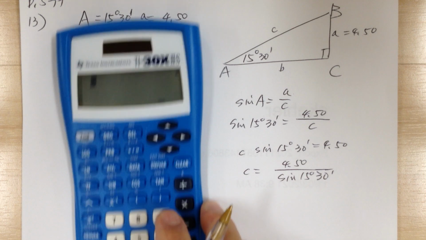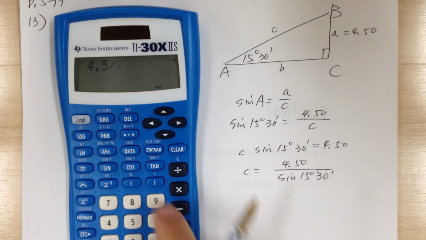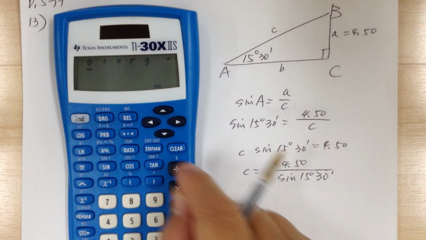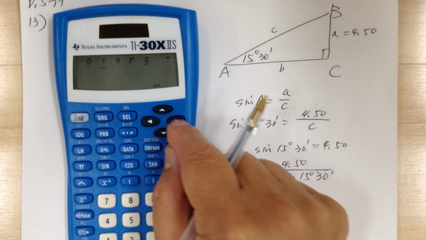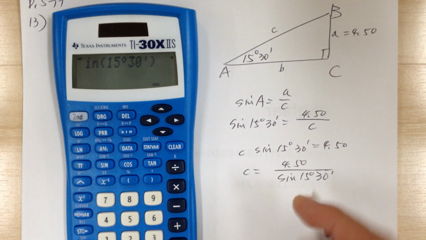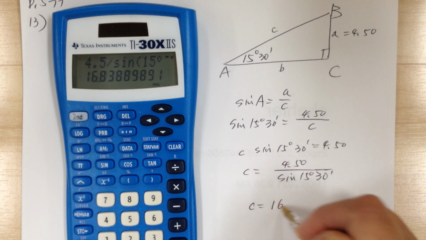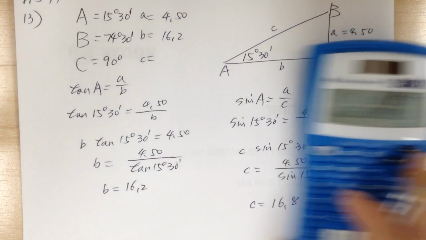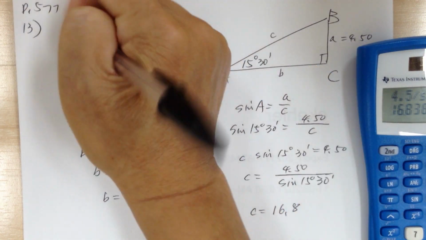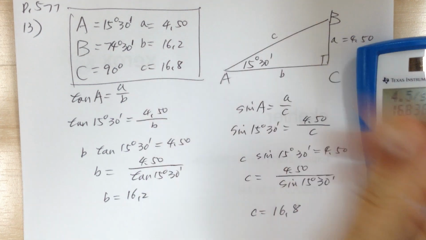Get your calculator. 4.5 divided by sine 15 degrees and 30 minutes, equal, so C equals 16.8. So 16.8, box that, and that's it.